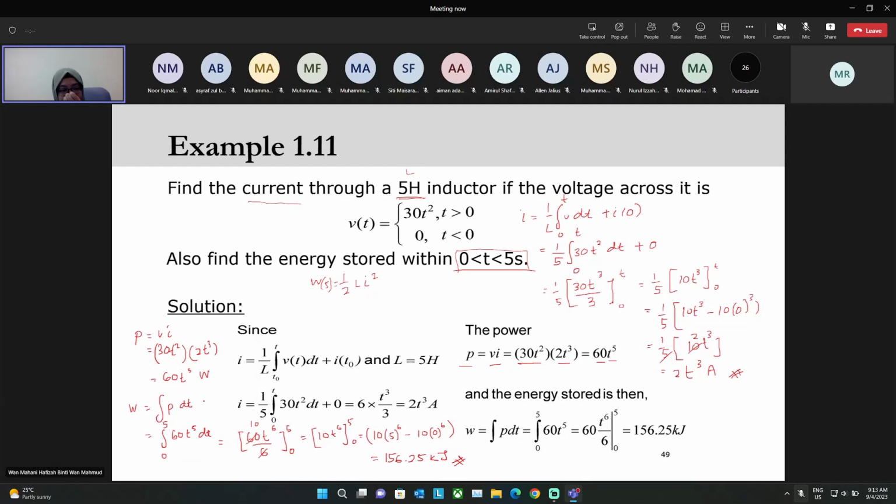Sepatutnya dapat jawapan yang sama lah. Saya tak try, but I think you should get the same answer. Contoh kita buat ni, kalau I sama dengan 2T kuasa 3, 1/2, L dapat 5, I kuasa 2 ni jadi berapa? 4. I kuasa 6.